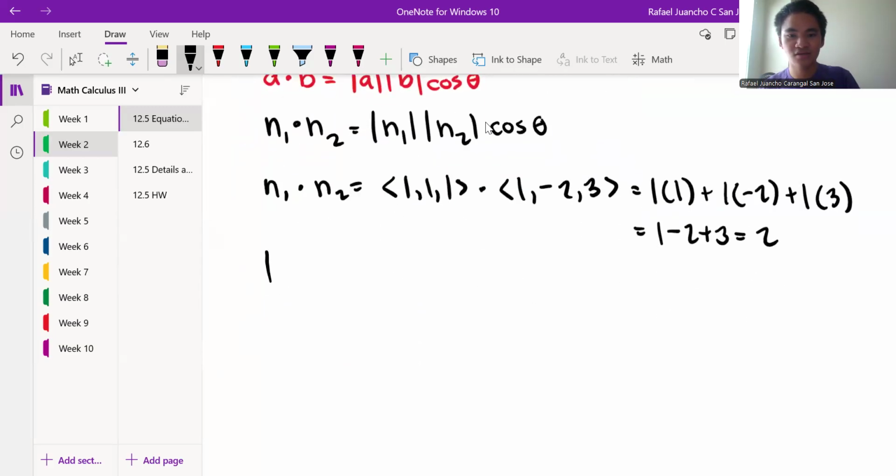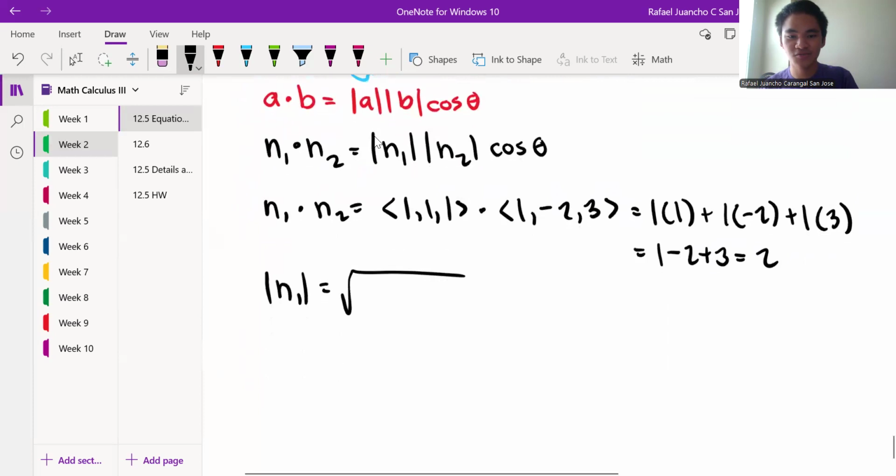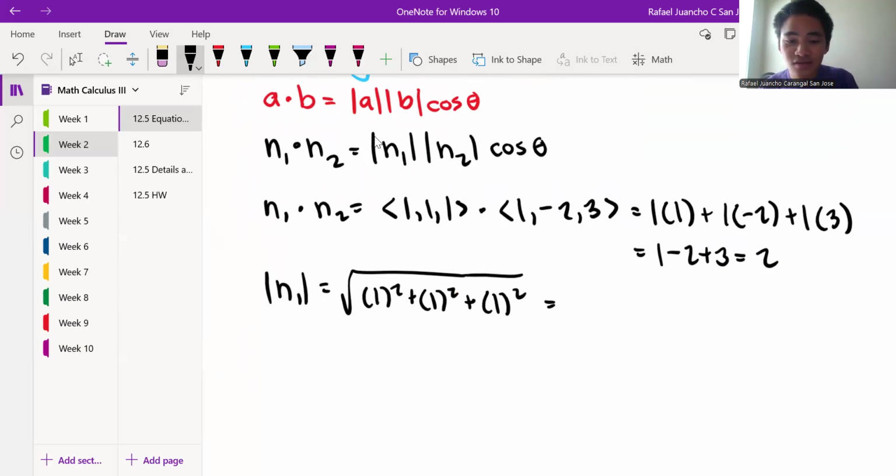Now we can get the magnitude of our n1 vector. This is going to be the distance formula: 1 squared plus 1 squared plus 1 squared, so it's just the square root of 3.